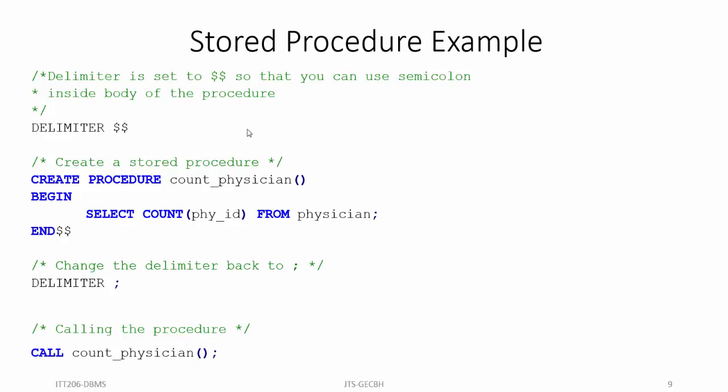No parameters are passed, so it is left blank, and then we have begin and end, and between that we write the statements. Here select count of phy_id from physician, where phy_id is the primary key of physician. After the end we use $$ to denote the end of the procedure. After that we change the delimiter back to semicolon, and if we want to invoke this procedure, we can simply use call count_physician.